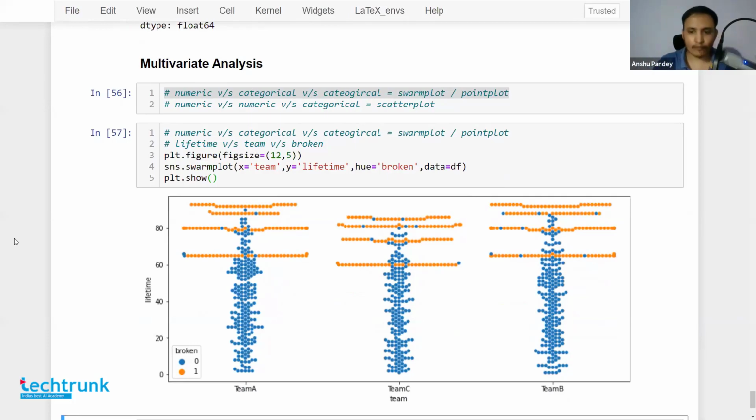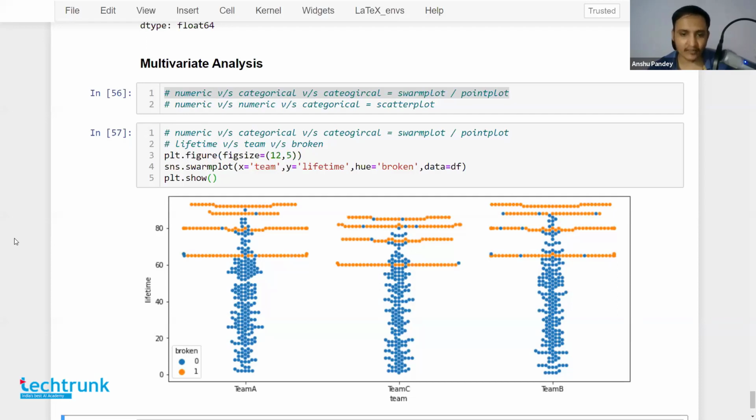Now this is the swarm plot, so every dot here is a machine. There are around 1,000 dots here. The x-axis is team, the y-axis is lifetime, and hue, the meaning of hue is color, so color is broken. Broken is represented by two colors for two categories, 0 and 1, 0 for blue and 1 for red. Each dot is one machine.